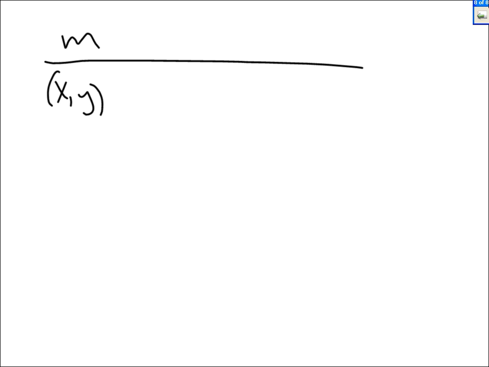Okay. So suppose you have some masses at these given positions. You have a mass, and they are at some point x, y. The first mass is 2 kilograms, and it's at the origin, for example. And say the second mass is 1 kilogram.